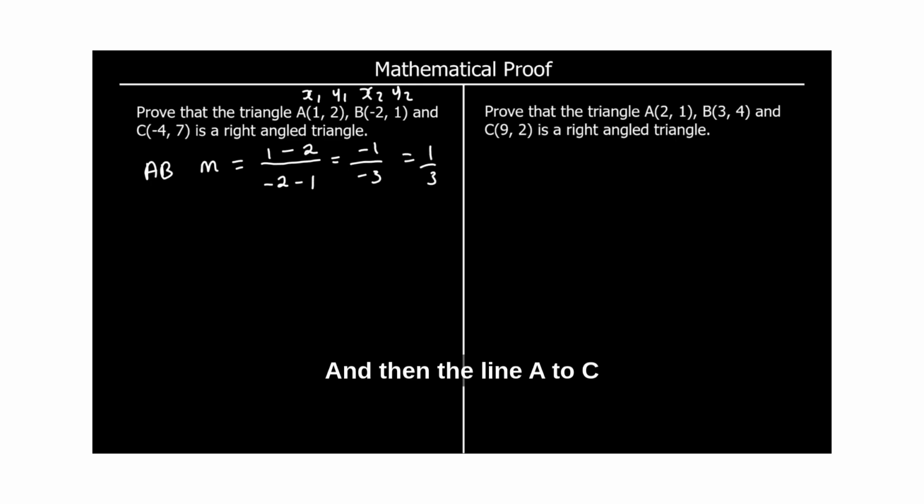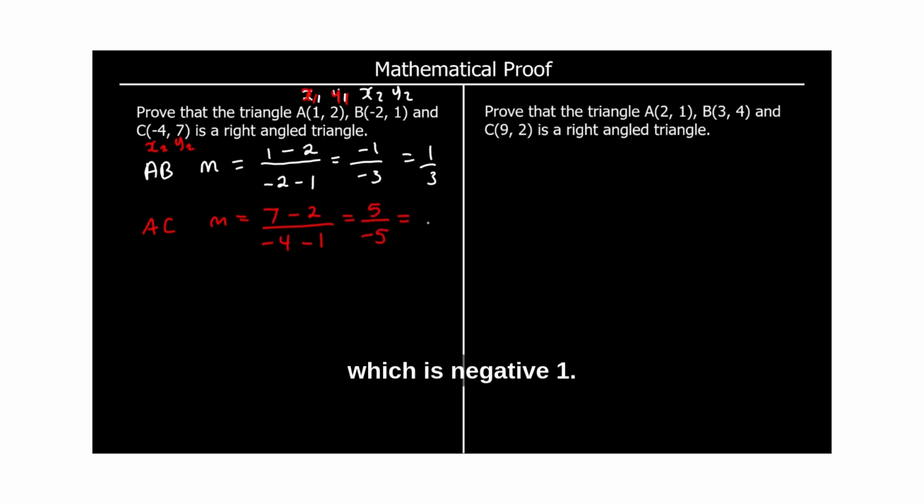And then the line A to C. We'll keep x1, y1. Let's have x2, y2. So the gradient, y2 minus y1, so that's 7 minus 2 over x2 minus x1, negative 4 minus 1. That's 5 over negative 5, which is negative 1.